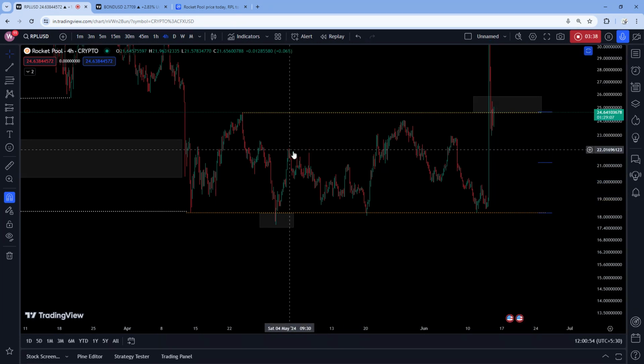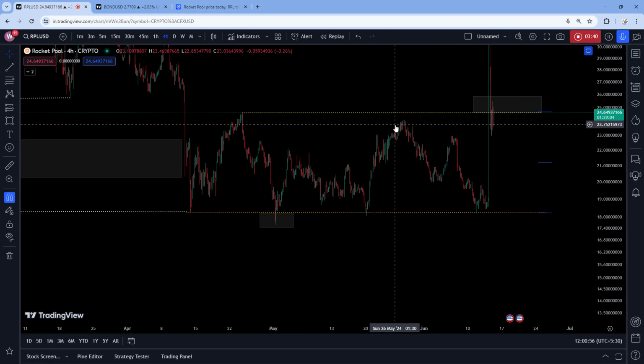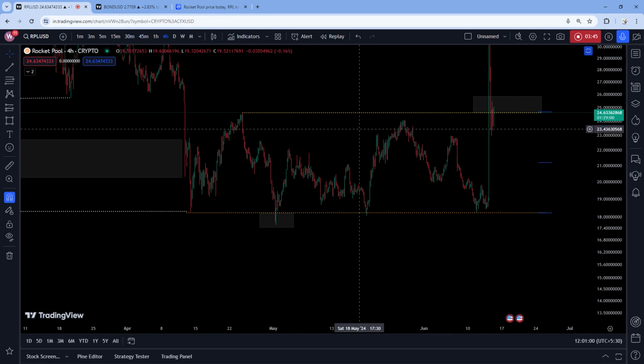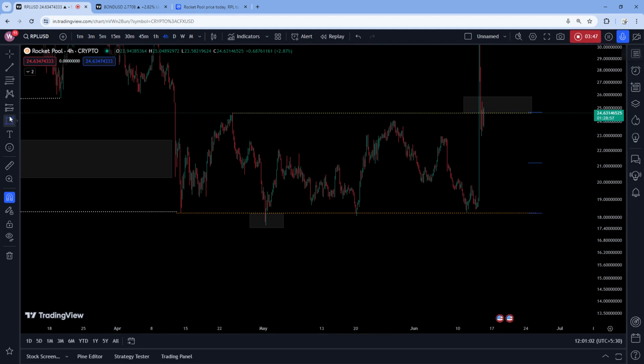The first attempt was up to the half of the range, and the second attempt also did not take the liquidity in the opposite direction, but it was making a higher high and higher low. So this was a trend inside the range. This was the daily time frame range, and we were trending on the 4-hour inside that range.